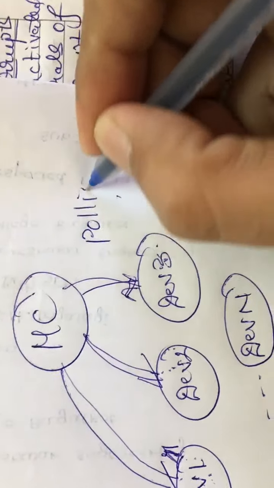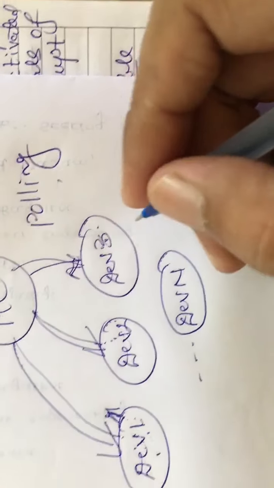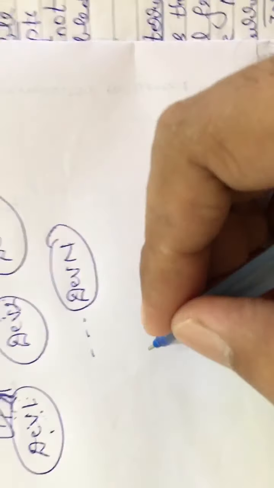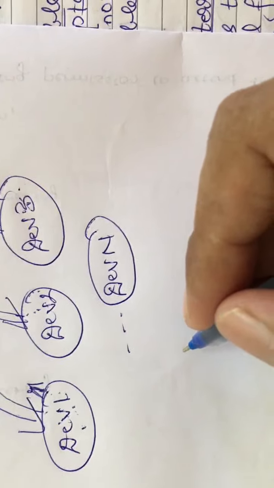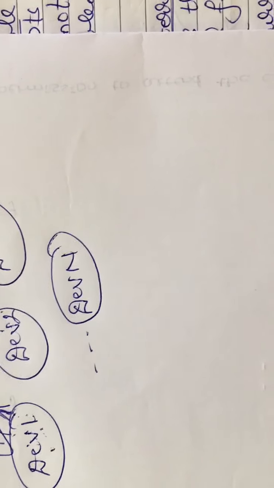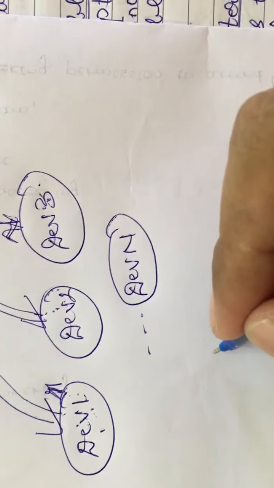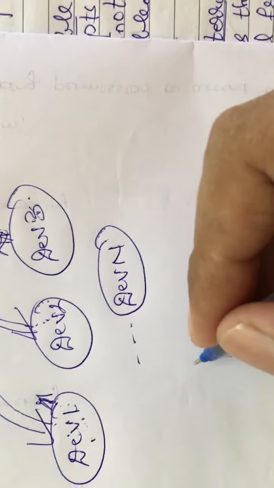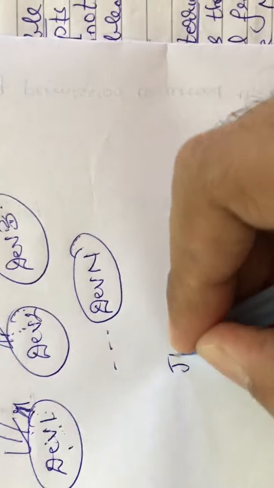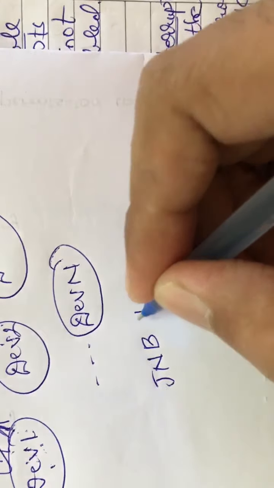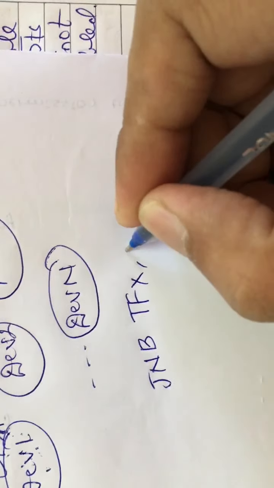Actually, you all know about polling. Let me give one example here. In the earlier timer/counter sessions, we used one instruction, JNB TFX comma.